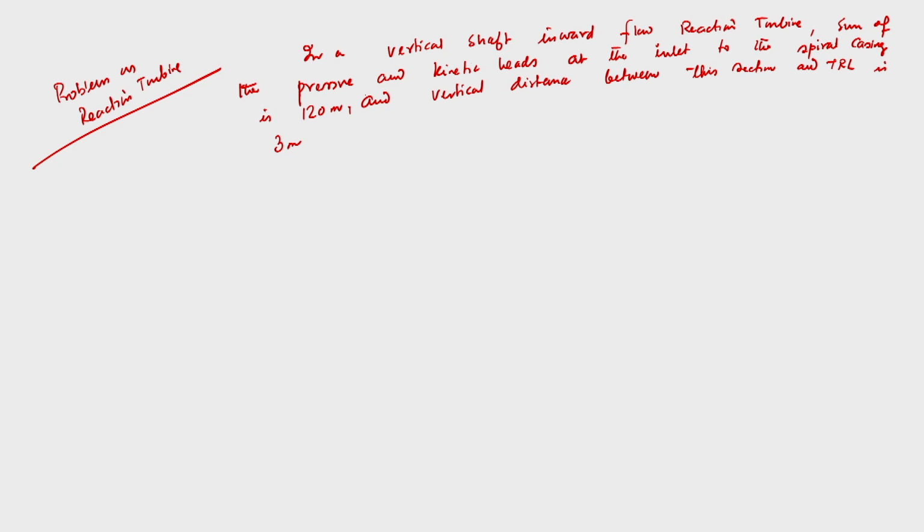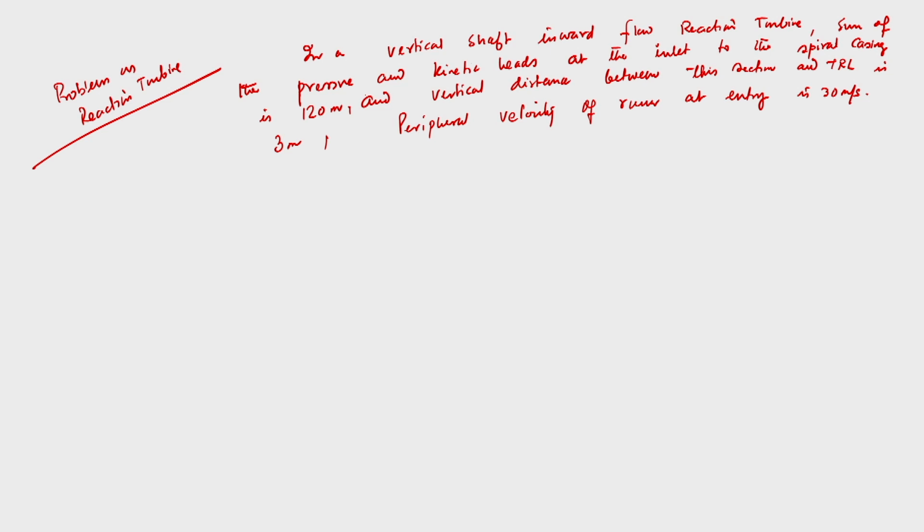right. The peripheral velocity of the runner at entry is 30 meter per second.